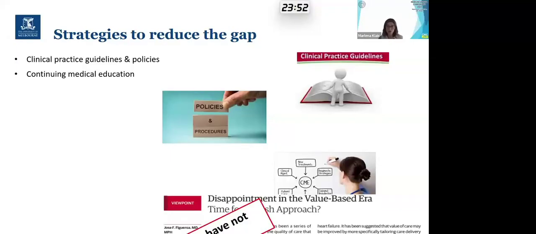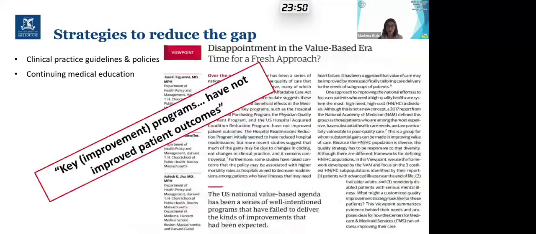So much so that a few years ago, a Viewpoint article in JAMA talked about the disappointment in this value-based era. And the authors state that key improvement programs, so these are quality assurance or quality improvement programs, have not actually improved patient outcomes. So this is an enduring problem, that patients don't consistently receive the best quality of care.